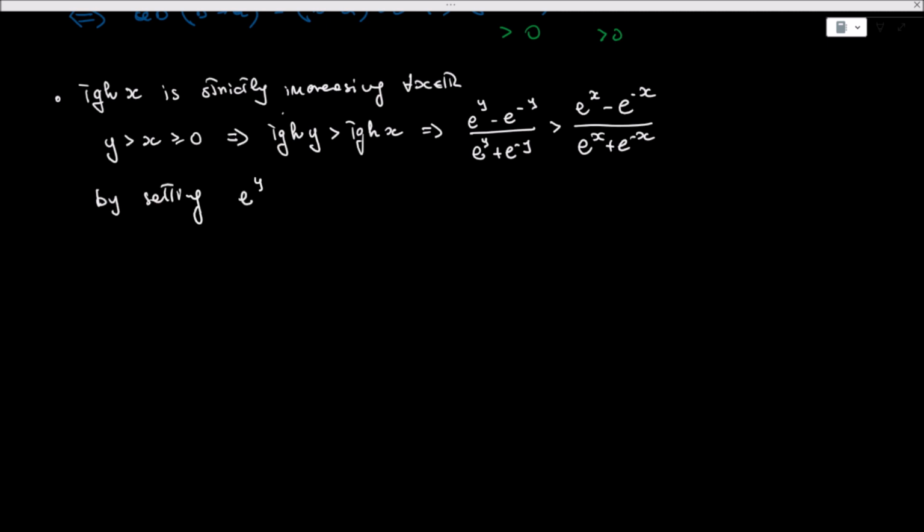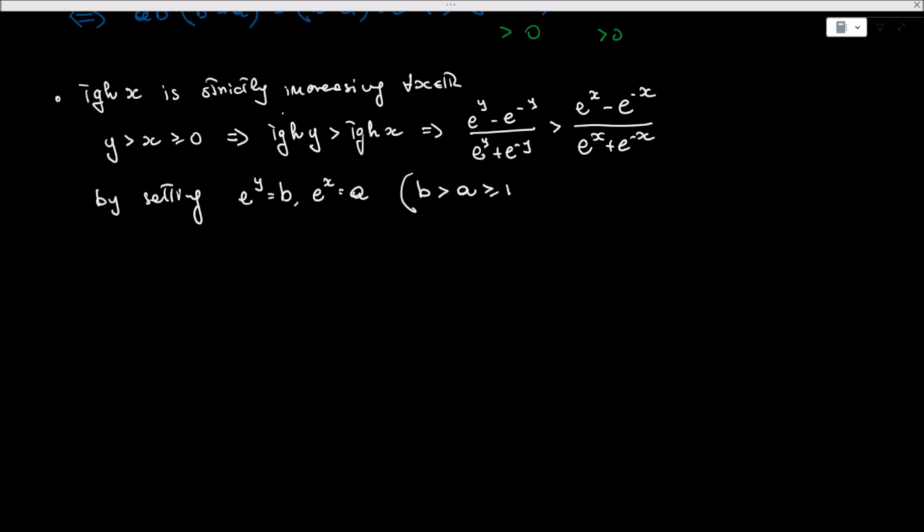Okay, and now again we can set e^y equal to b, e^x equal to a, where, because the exponential is a strictly increasing function, we know that b is larger than a, which is larger than or equal to 1.